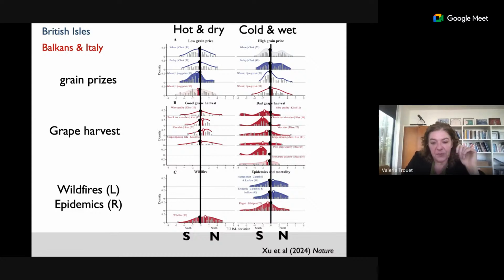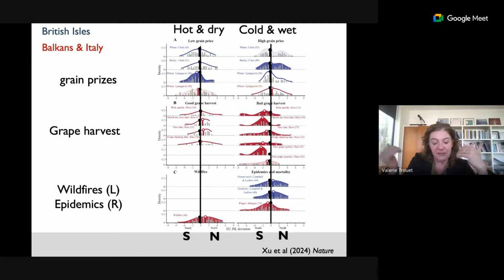What was really unexpected for us was the clear link between plague outbreaks and the jet stream, which we can see in the bottom right graph. We can see that plague outbreaks in red in the Balkans happened primarily when the jet stream was further south than normal and conditions were cold and wet there. Whereas in the British Isles, those are the blue blobs, they happened when the jet stream was further north than normal.